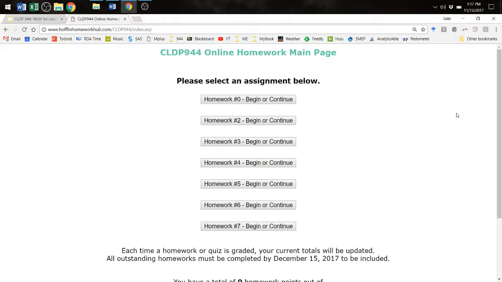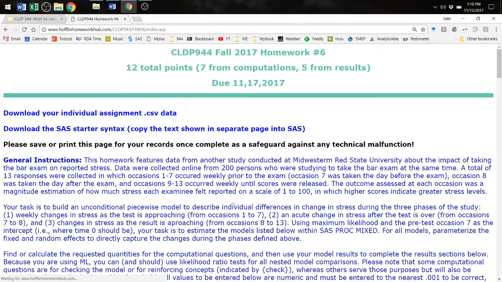But while I have this open here, any questions on homework 6, Fun with Piecewise Models? Ejin, hit me. ML for this one. Yep, it says so. Let's see if I can find where it says that.